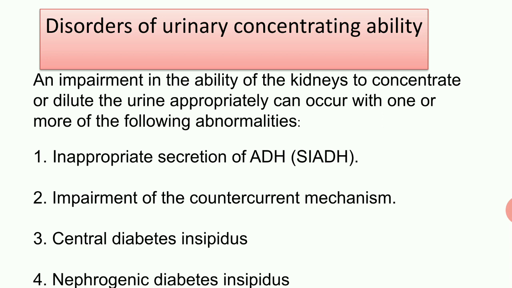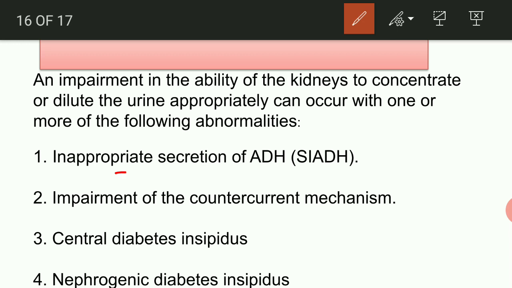In this, ADH secretion is increased, and it will concentrate the urine. Even though your plasma osmolarity is normal or decreased, your urine will be very concentrated every time, and because of that, your blood will become dilute, so osmolarity of blood will decrease and urine will be concentrated.